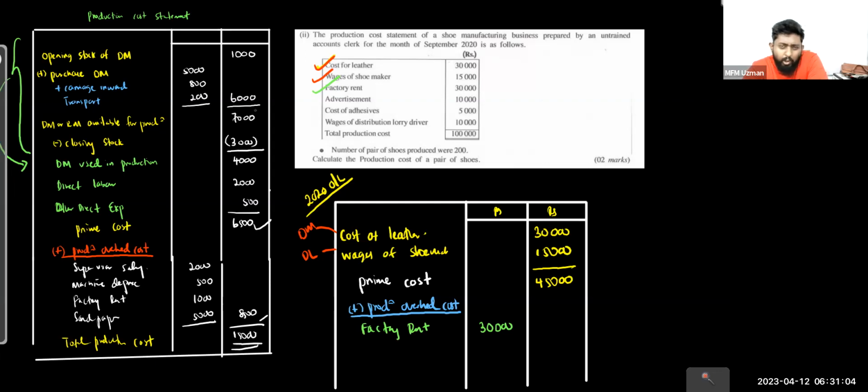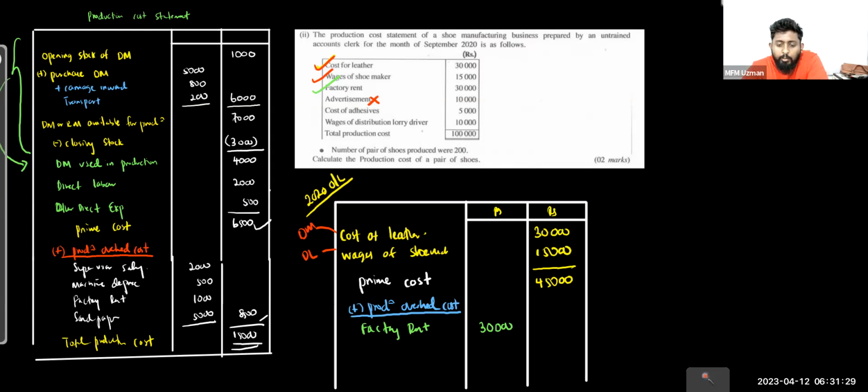So even though you don't know about that, is advertisement relevant for producing or selling, guys? Selling. So you can't record advertisement as a production expense. Did you all understand that, guys? You advertise for sale, not to produce.